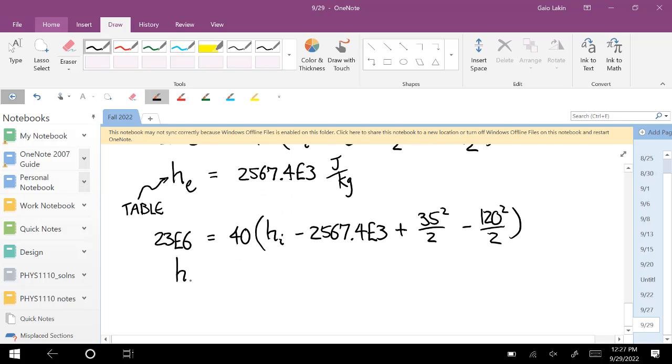Solve for hi, and you get 3149 times 10 to the third joules per kilogram.